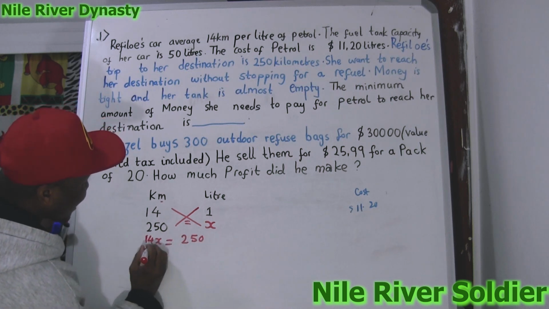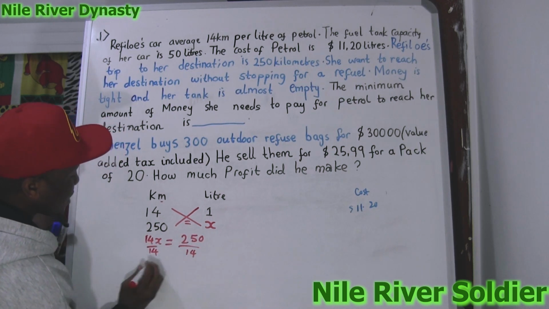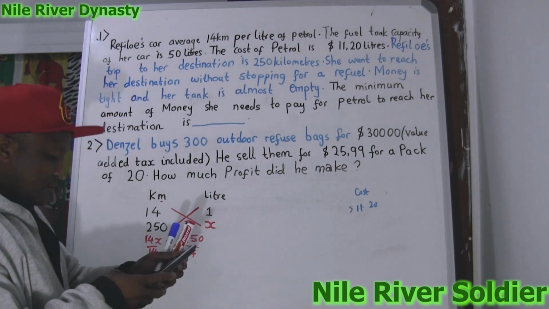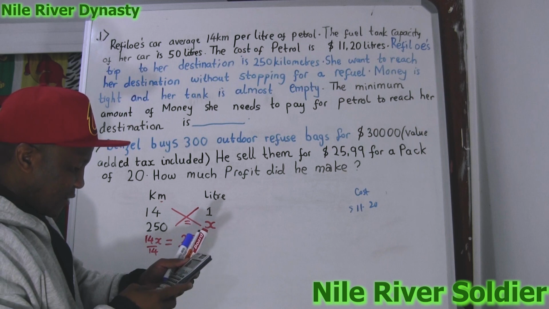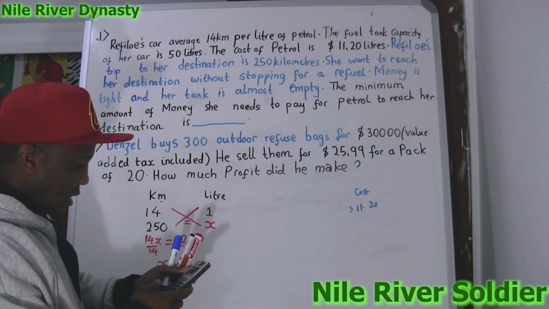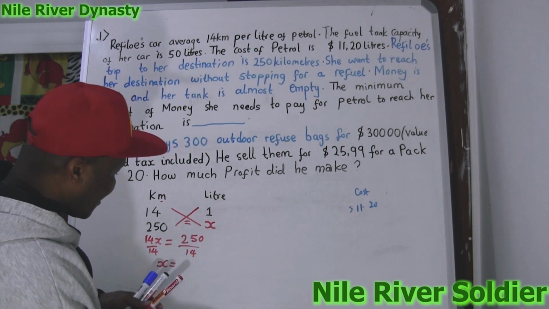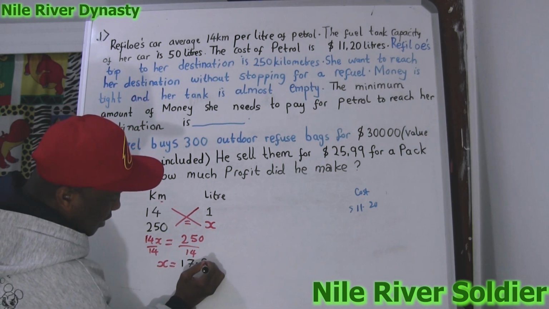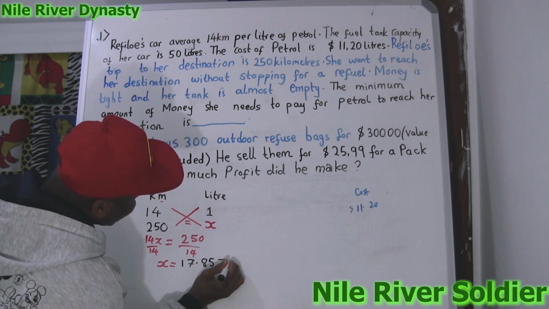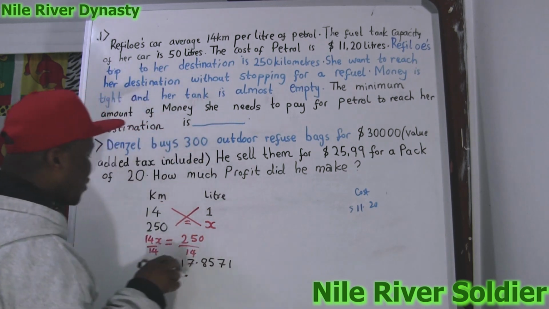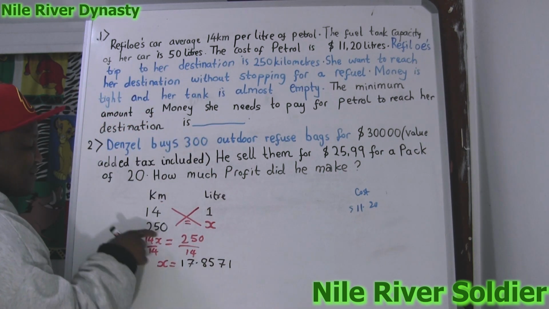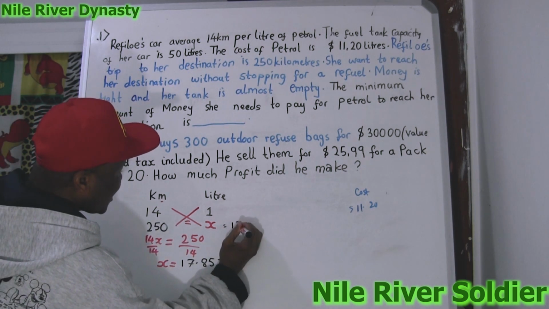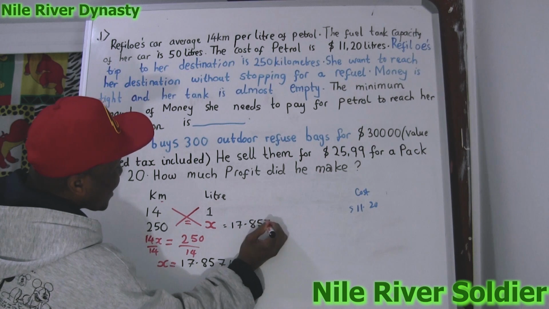Now to get x, divide by 14, so x equals 250 divided by 14, which is 17.8571. So this is the liter: if she is going to drive 250 kilometers, she's going to use 17.8571 liters.